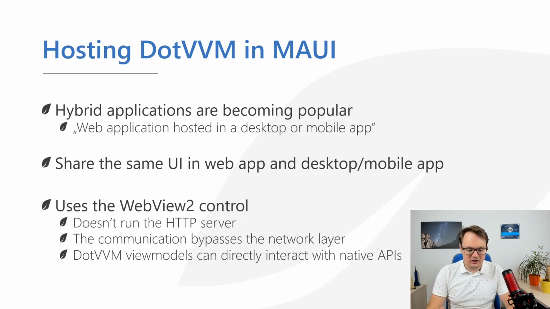So it's not very resource intensive, and also we want to provide two-way interaction between these two apps so they can communicate. So the MAUI app can detect what's going on in the DotVVM app, and also the DotVVM app can contact the MAUI app, please do this native thing because I'm DotVVM, I'm in the web and I cannot do this myself, and also get the results later.